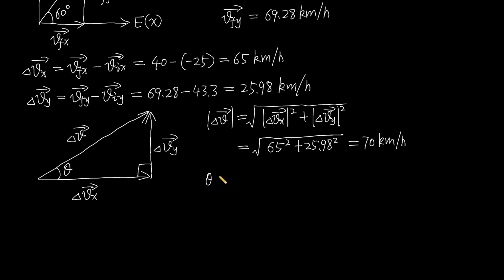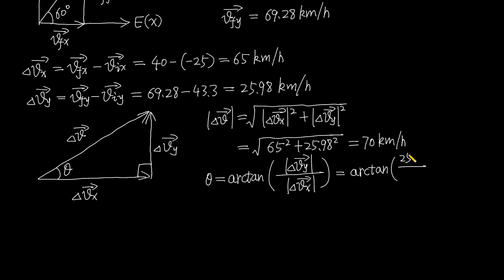And the angle theta equals arc tan of the magnitude of the velocity change y over the magnitude of the velocity change x, and equals arc tangent 25.98 over 65.